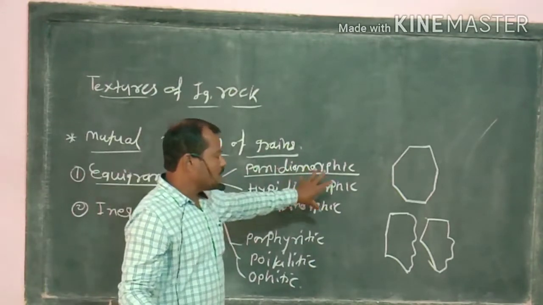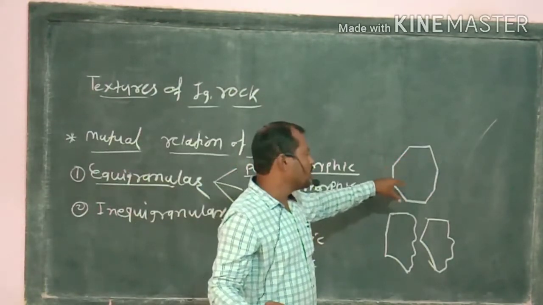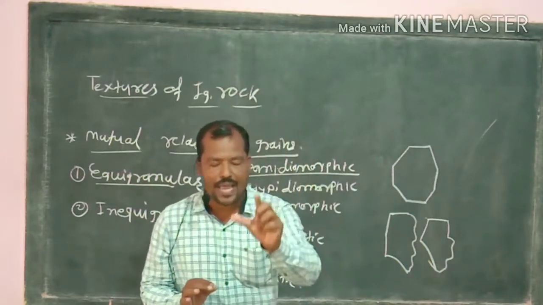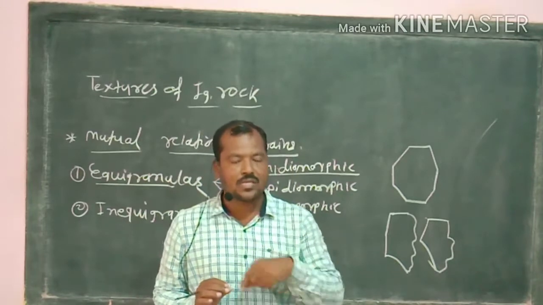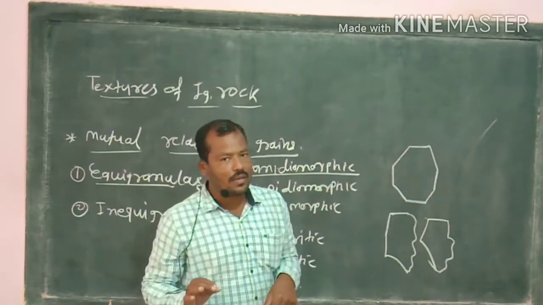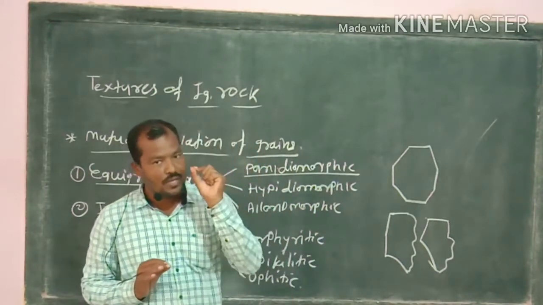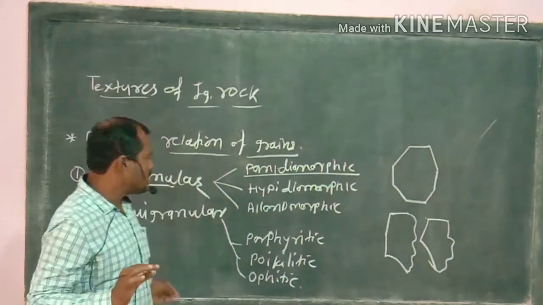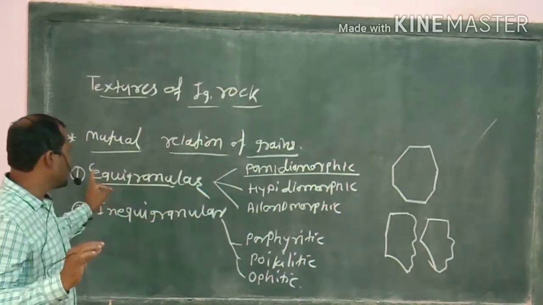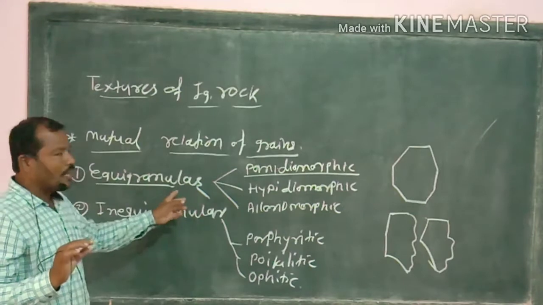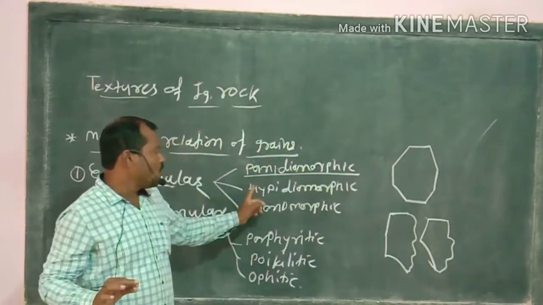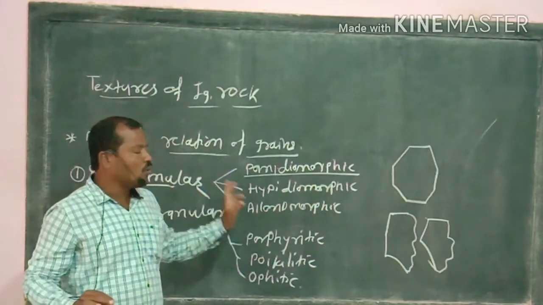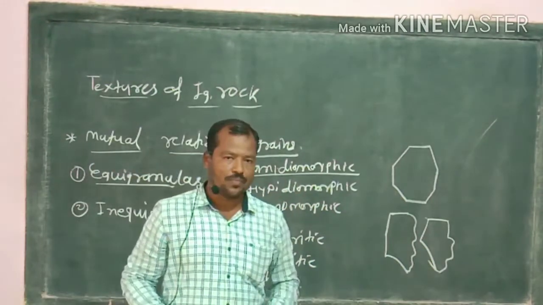Means the grains or shape of the mineral is equidimensional, equal in size and also in shape. Such a texture is called equigranular texture. It contains three: panidiomorphic, hypidiomorphic and allotriomorphic texture.